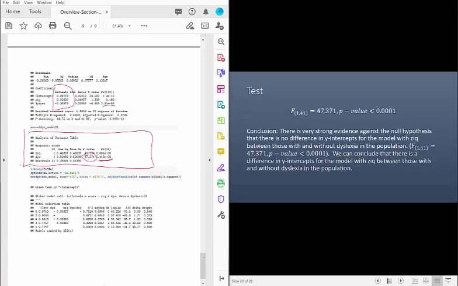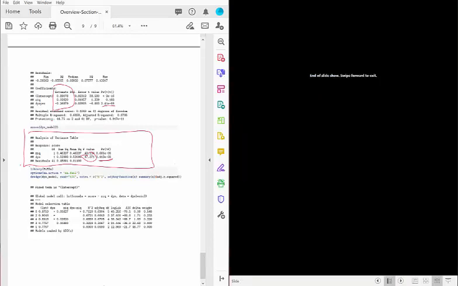This is based on the F statistic of 47.371, an F distribution under the null with 1 and 41 degrees of freedom, and a p-value of less than 0.0001. We can conclude that there is a difference in y-intercepts for the model with ZIQ between those with and without dyslexia in the population.